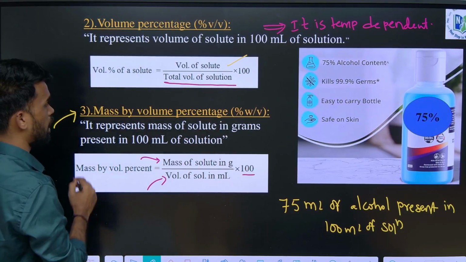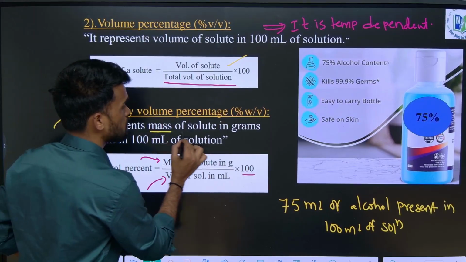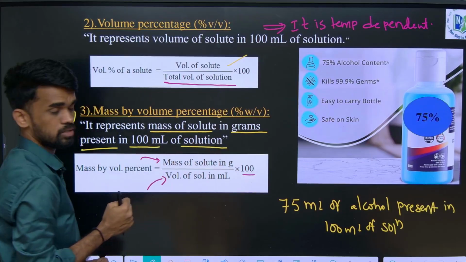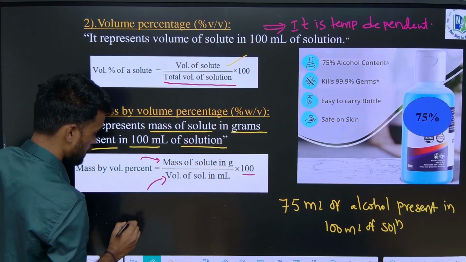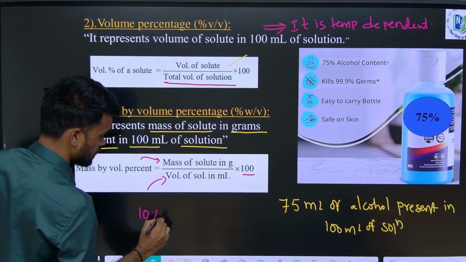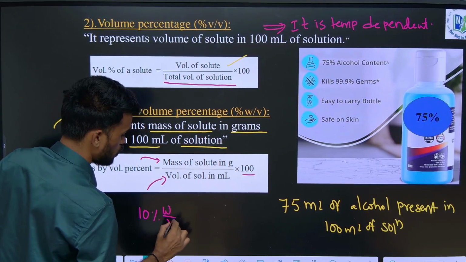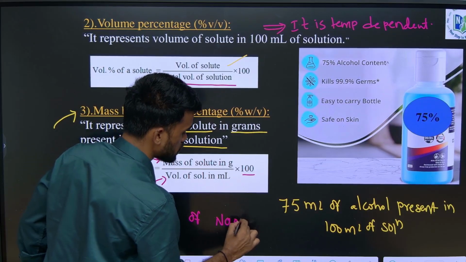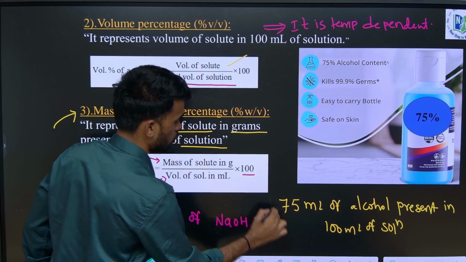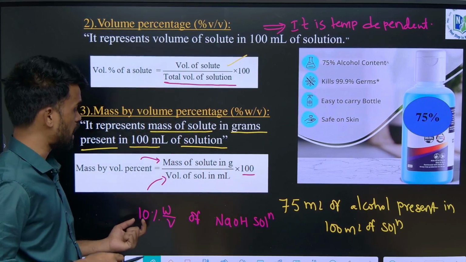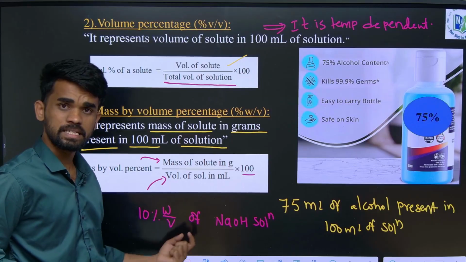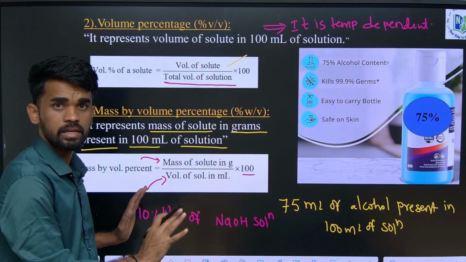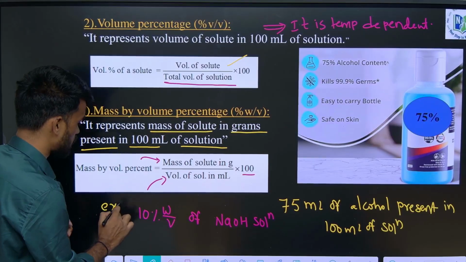It represents the mass of solute in grams present in 100 ml of solution. For example, if I say 10% weight by volume of NaOH solution, it means 10 grams of NaOH is present in 100 ml of that solution. I hope this is also clear. Okay, so this is the example you can consider.